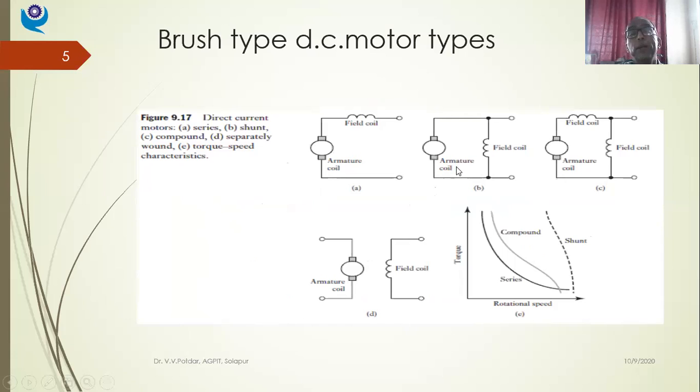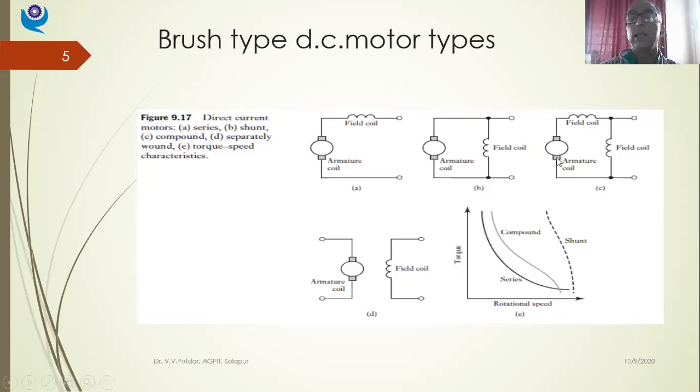We are talking about different types of brush type DC motor. Here the field coil is in parallel with the armature coil, whereas in series, the field coil is in series with the armature coil. In shunt wound DC motors, I have the field coil which is in parallel with the armature coil.